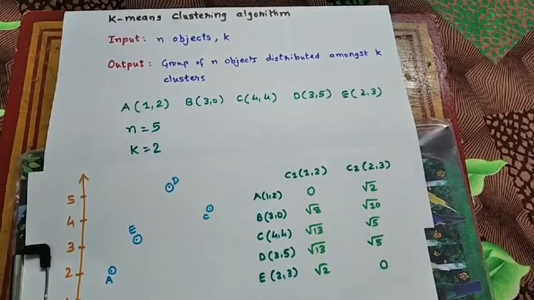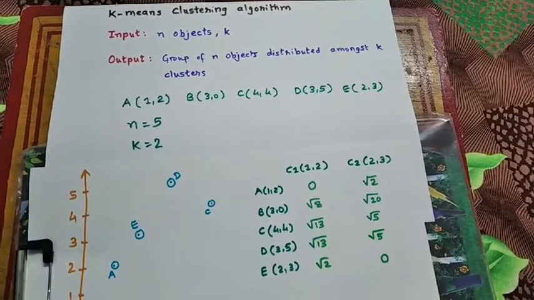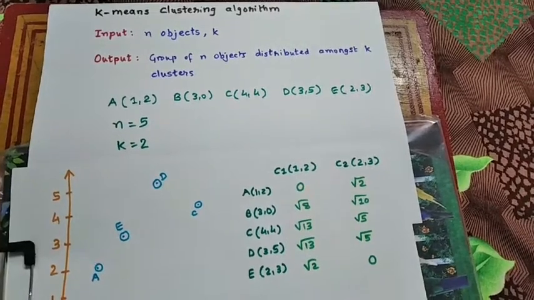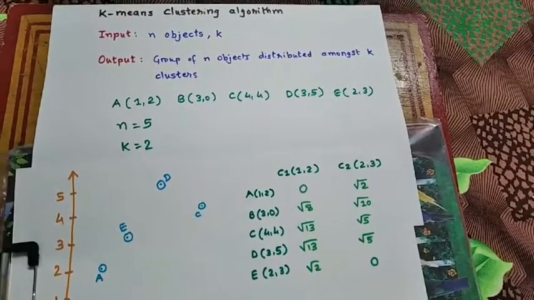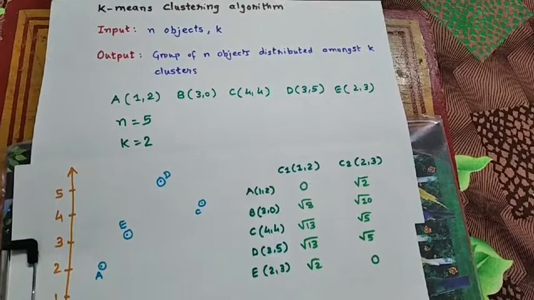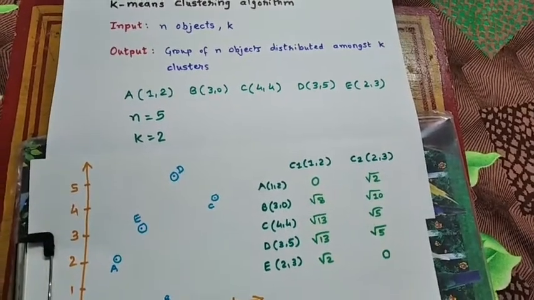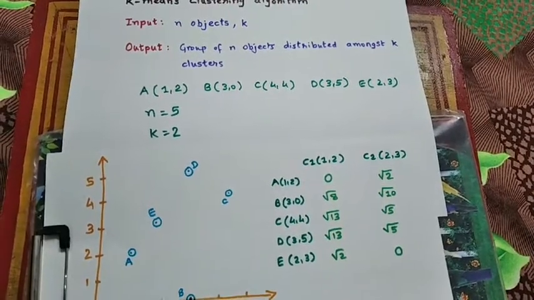First of all, we will represent these 5 objects in a two-dimensional representation on the xy axis. Let's see how they look when we plot them on the two-dimensional axis. We want to find out their spatial location with respect to the xy axis.